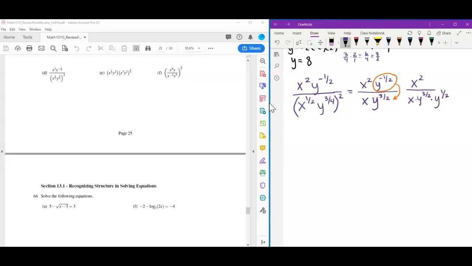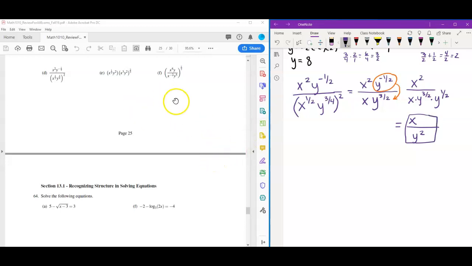Now it's downstairs, so we can add those y's together and subtract the x's to find our final answer. There's more x's on top than on bottom, so there's one more x on top. And when we combine 3/2 plus 1/2, that's 4/2, which is really just 2. So we get y to the second power on the bottom. So x over y squared is what we get there.